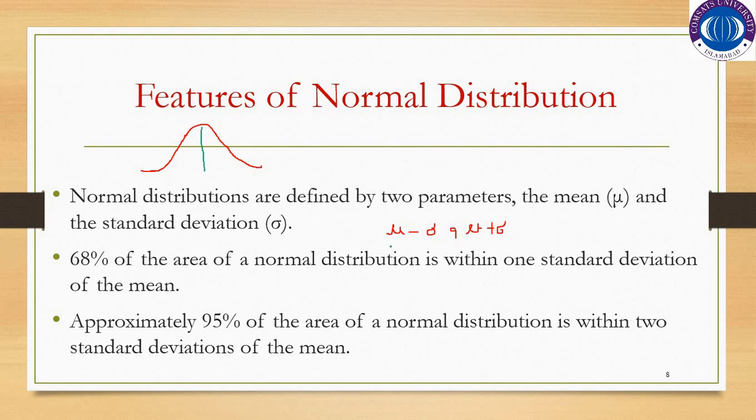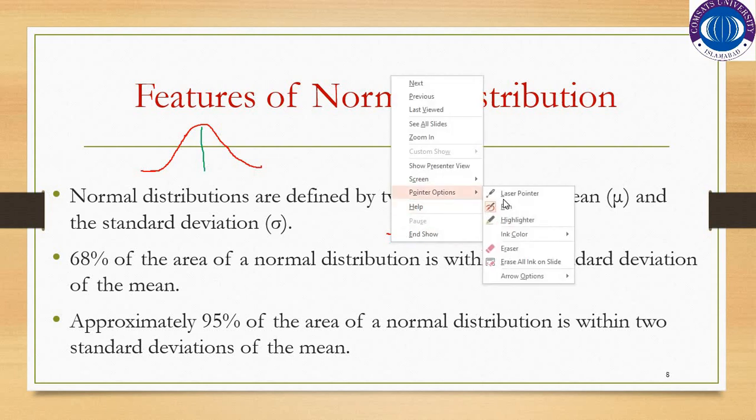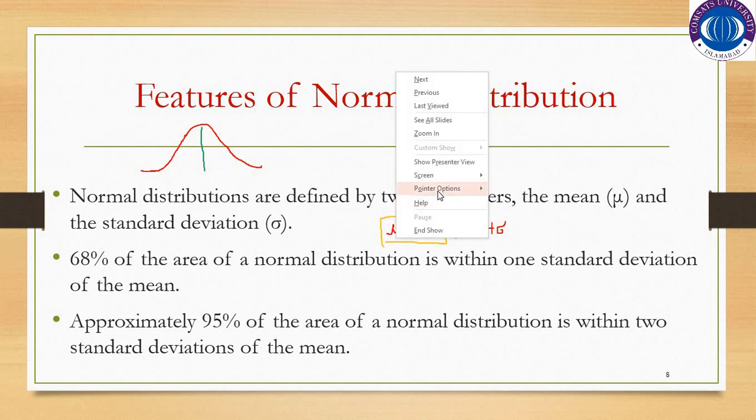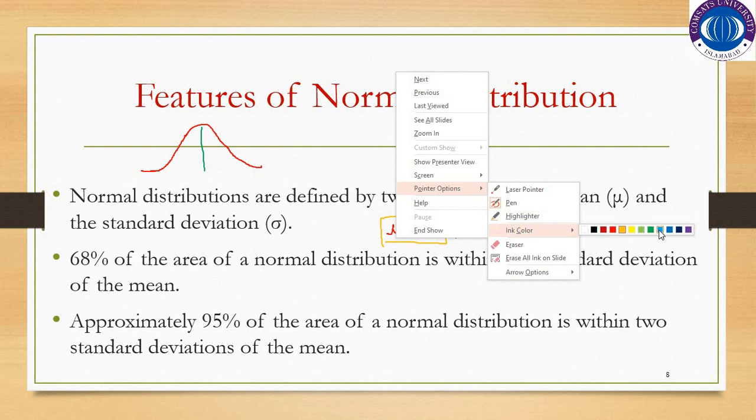And let's suppose I represent mu minus sigma with the color orange. For this we will use the orange color, and mu plus sigma blue.